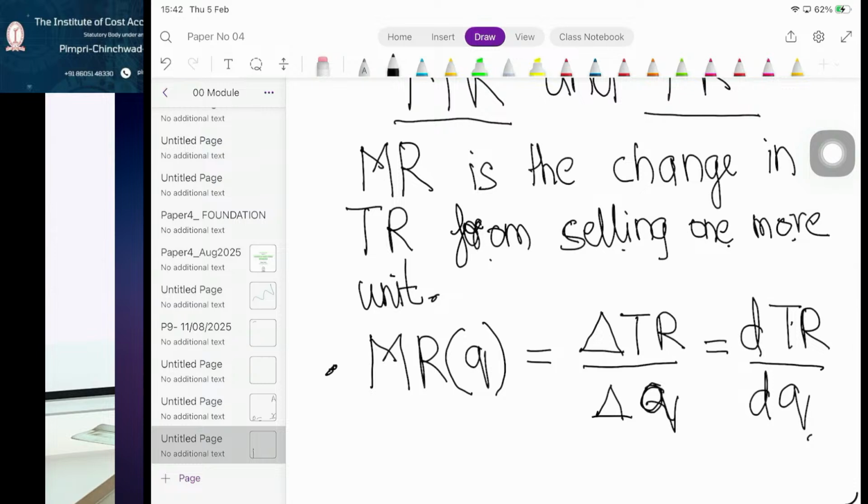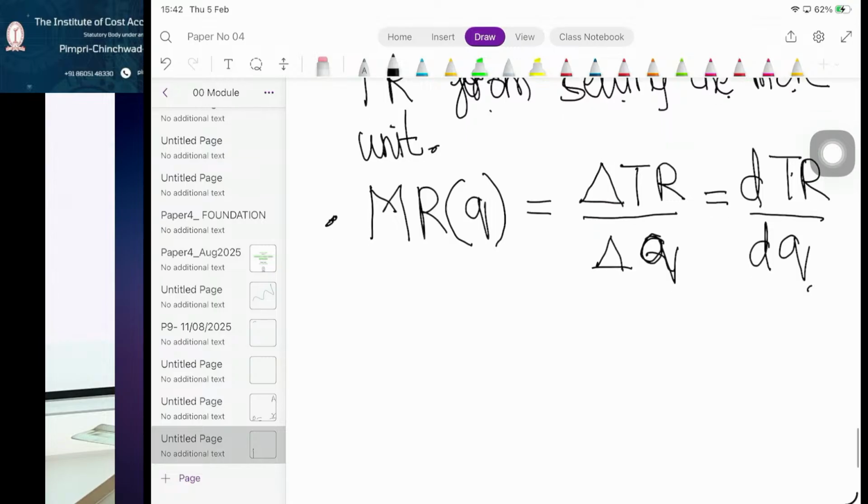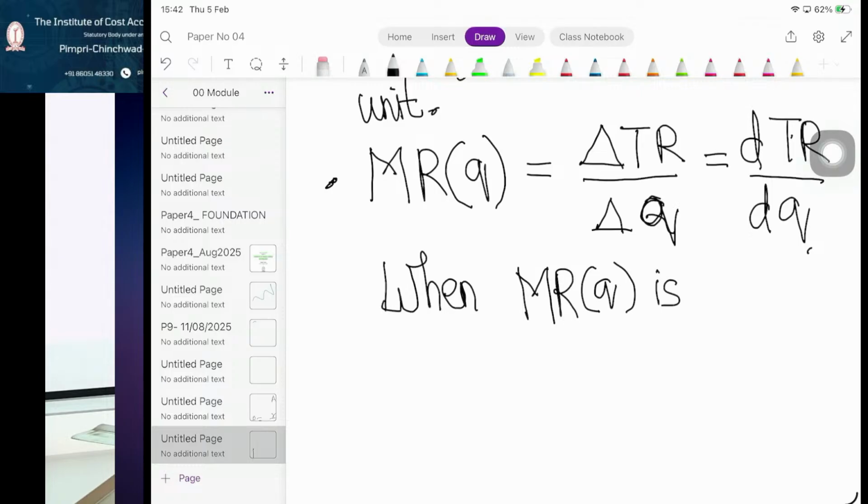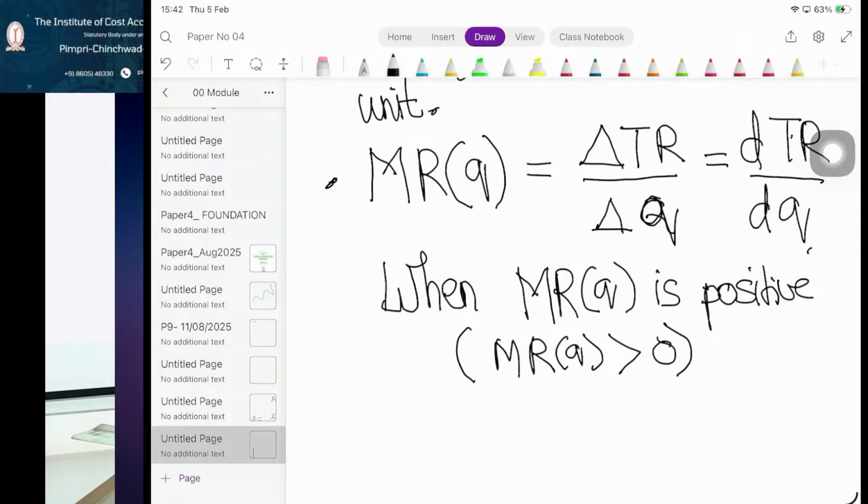Now write this very simple relation between marginal revenue and total revenue. It is when marginal revenue is positive. Okay, mathematically this statement is like this: marginal revenue is positive.